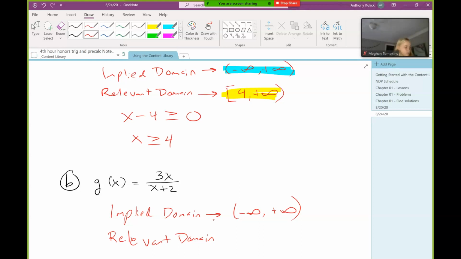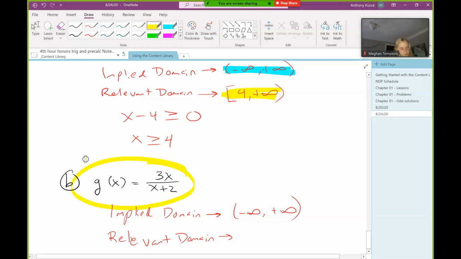You'll see that here in the next example. But Delaney, I would say that whenever you're given just like this with no context applied to it, yes. Like if you just have function notation equals algebraic expression with nothing else, then yeah, the implied domain would be all real numbers.